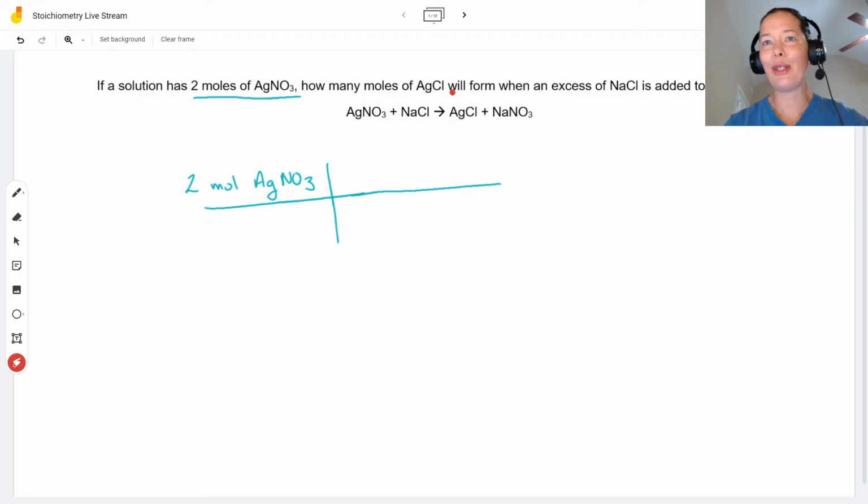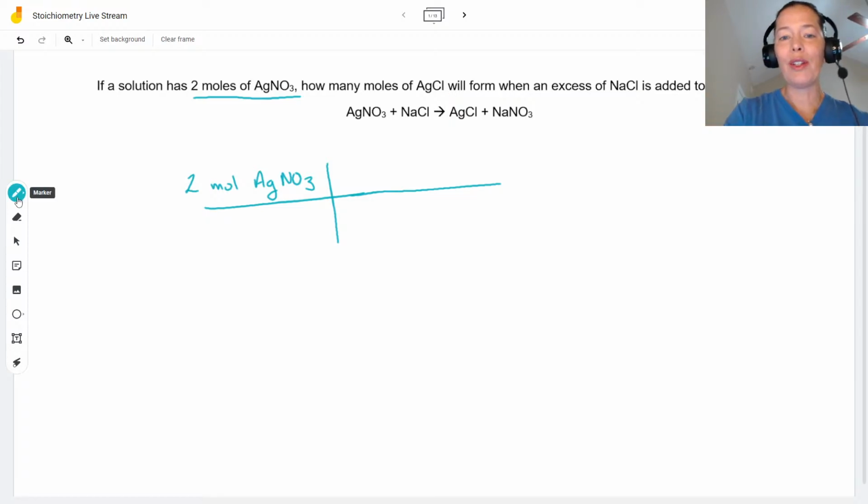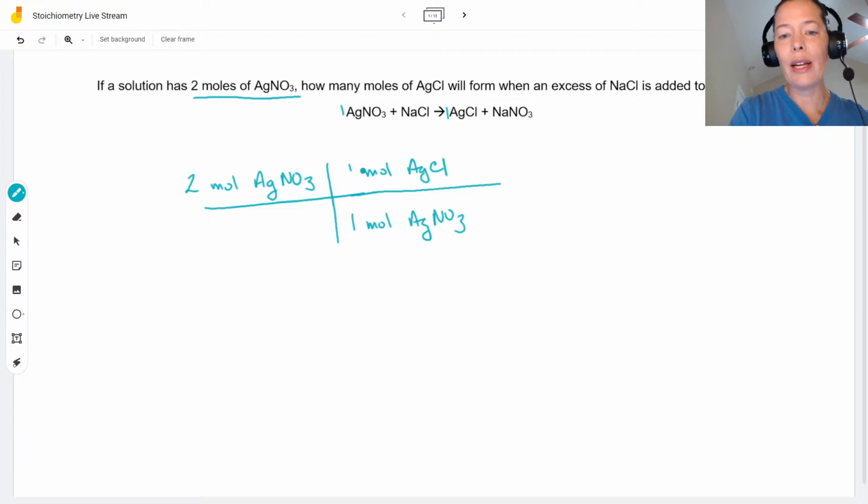Well, nothing is written into the equation, but we always assume that when there is no number written in front of a molecule, it is a 1. So we assume that there is a 1 in front of our silver nitrate and a 1 in front of our silver chloride. So that means my mole ratio is 1 to 1. So for every 1 mole of silver nitrate, I will form 1 mole of silver chloride.